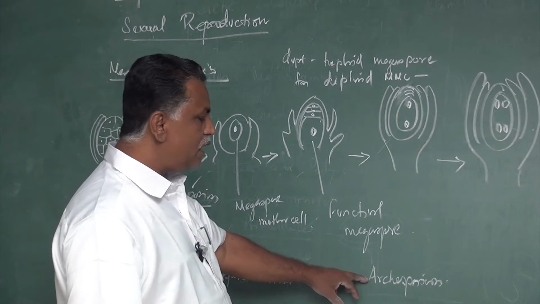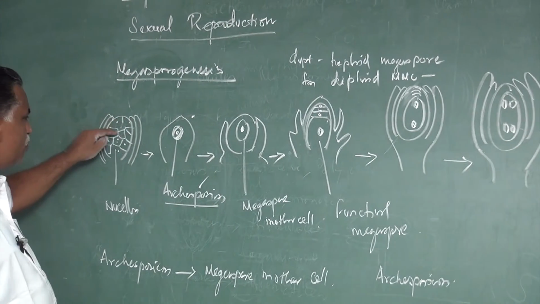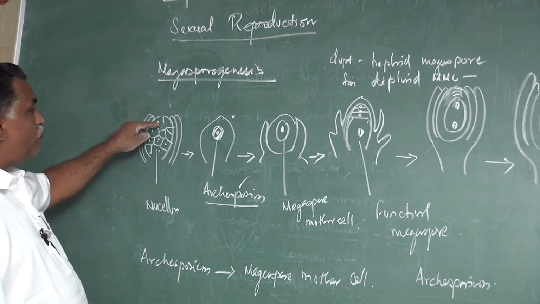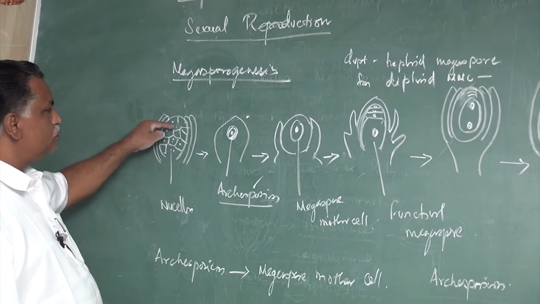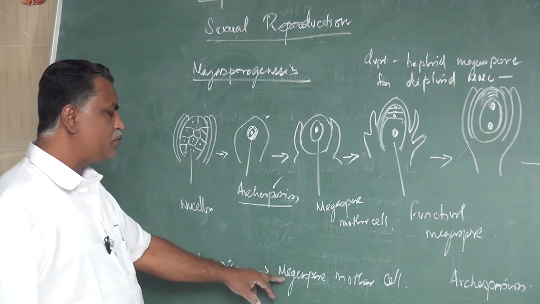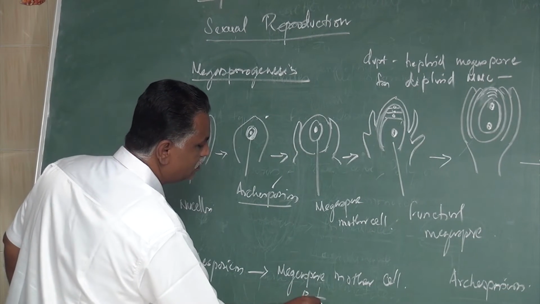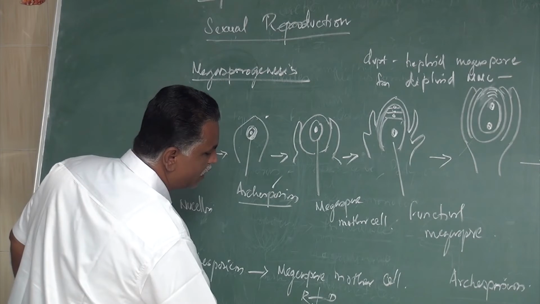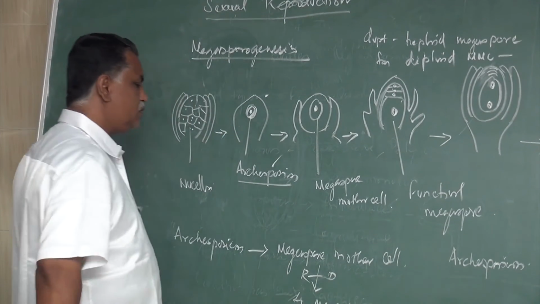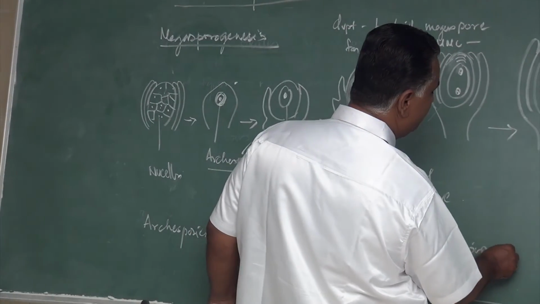This is the hypodermal cell of the nucellus, the first cell from which the megaspore is going to develop, that directly functions as the megaspore mother cell, and there may be reduction division, which produces 4 megaspores in some cases.